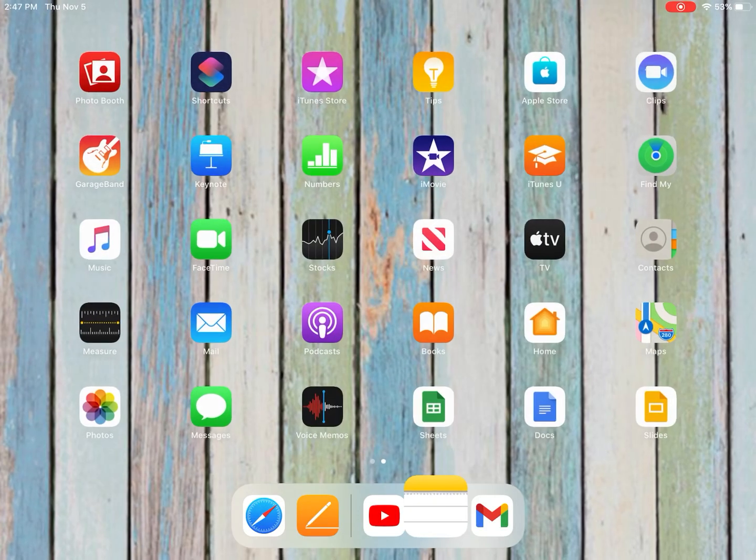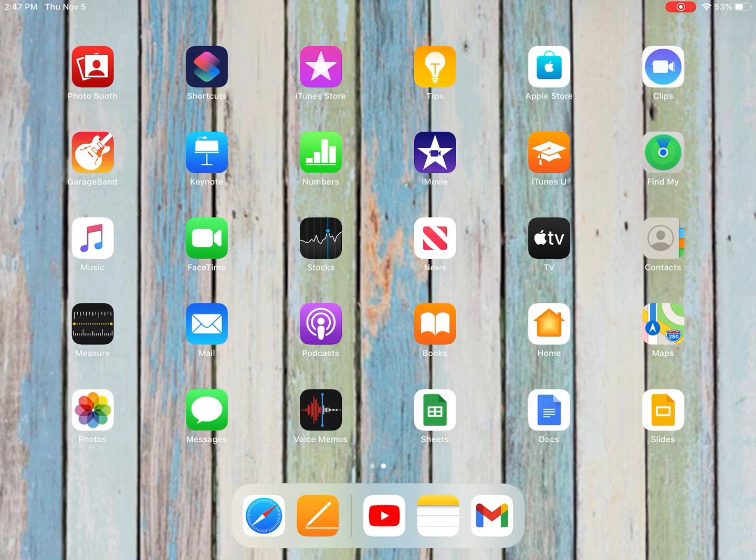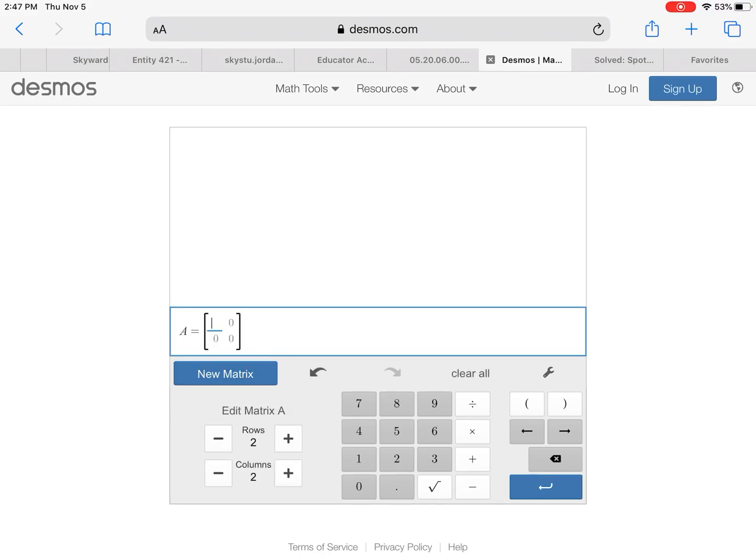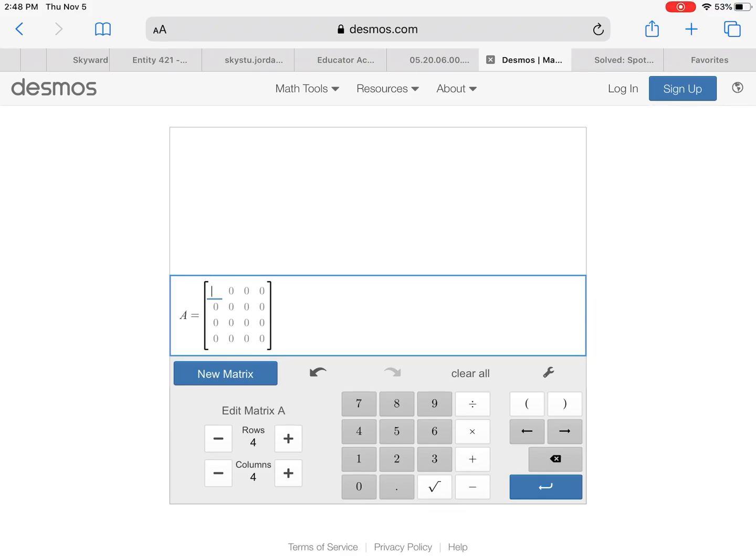So go ahead and go to desmos.com/matrix. That will pull up the matrix calculator. You could go ahead and build yourself a matrix of any size and put in numbers.